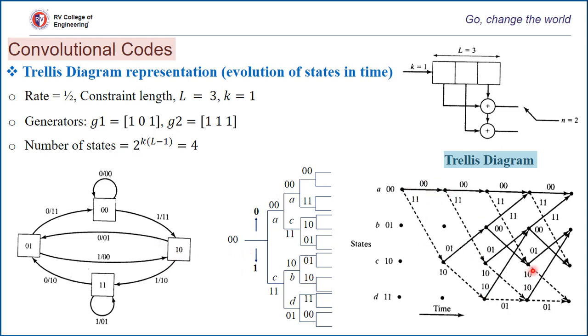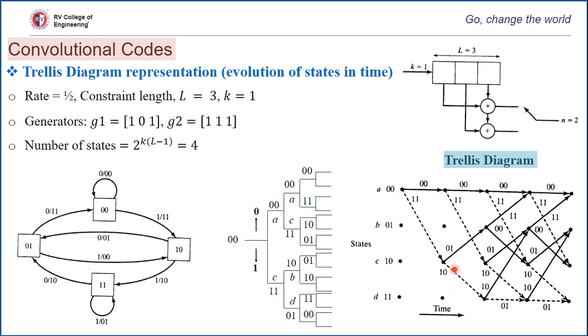All 3 represent the same convolution encoder structure, but in very different fashions. The trellis diagram is the one used extensively, which can be plotted using any computer or mathematical computational algorithms.